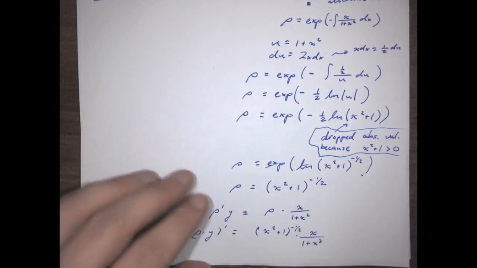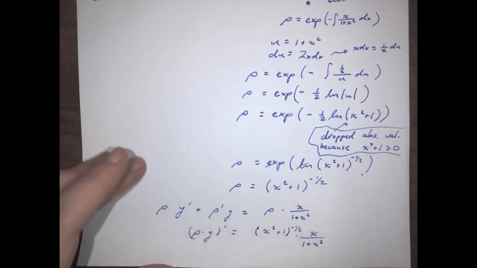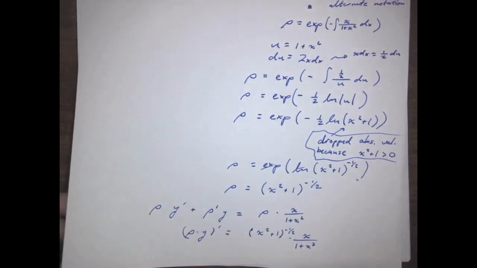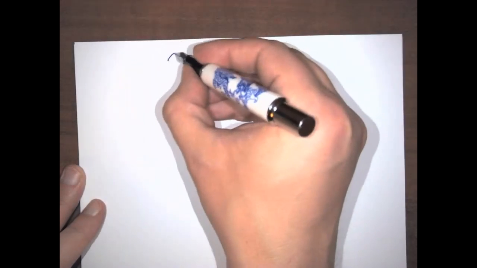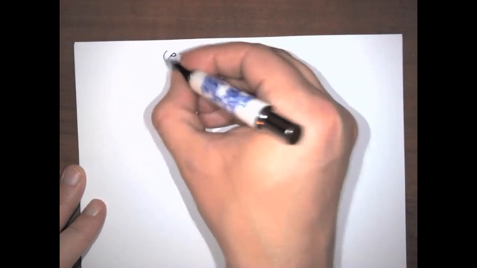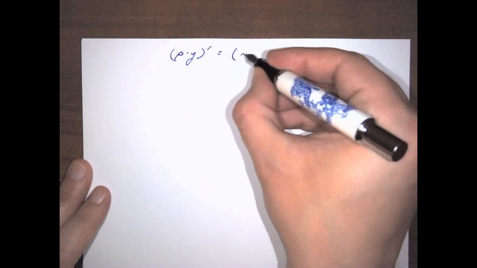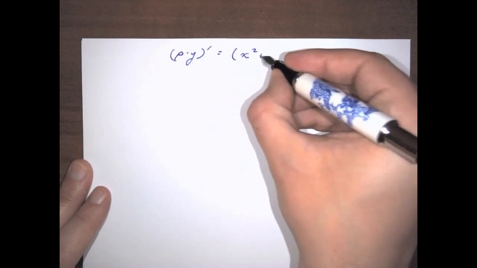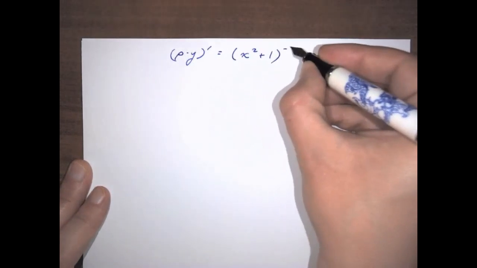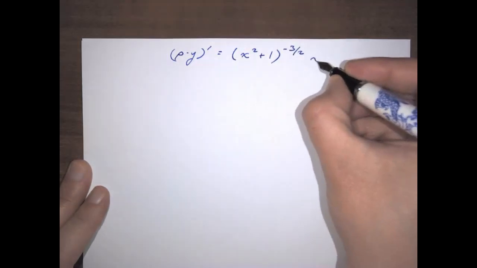When we put them together, it's a power of negative 3/2. So that gives us rho times y prime equal to x squared plus 1 to the negative 3/2 times x.